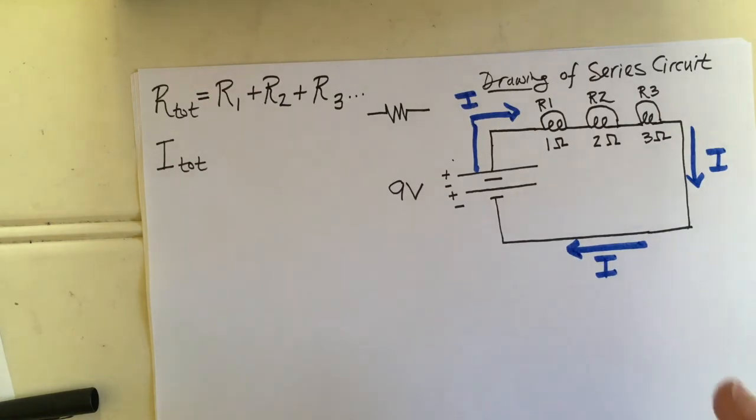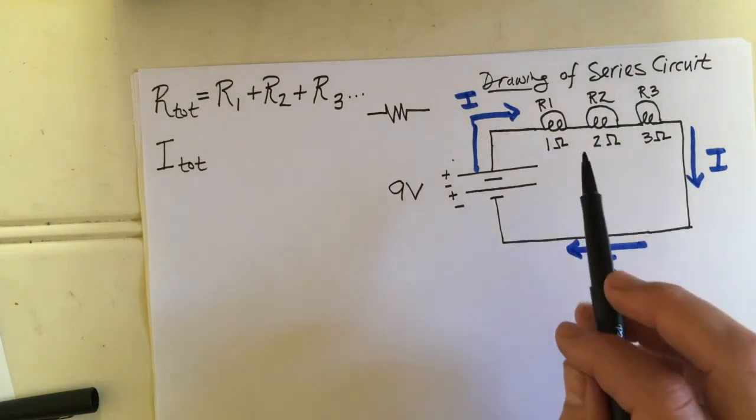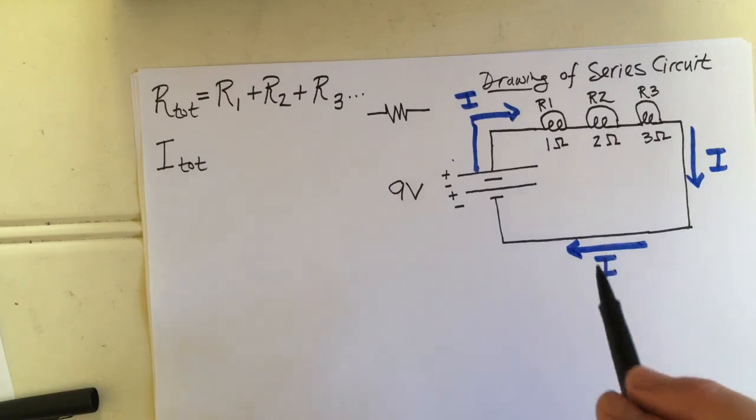And you might say, well, how is electricity accomplished? How do the light bulbs light up if current isn't used up? Well, voltage is what is used up, right?